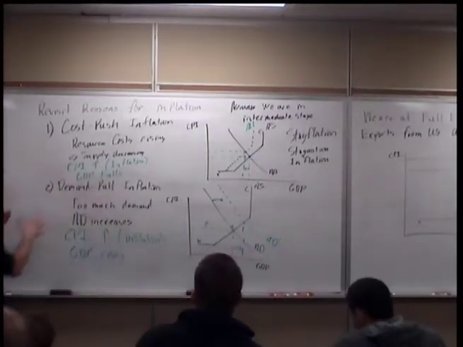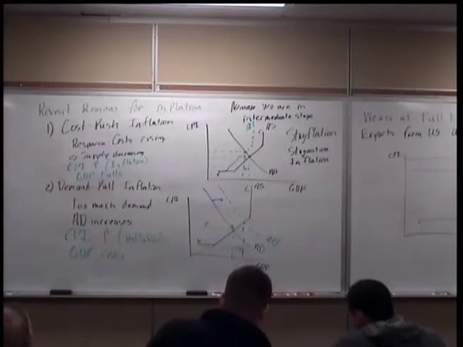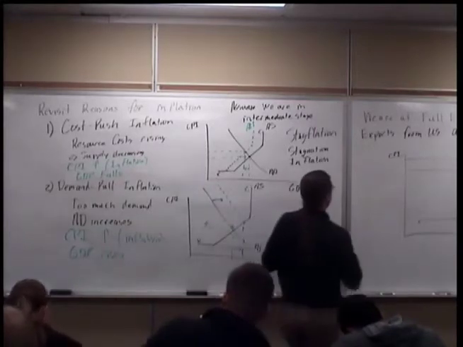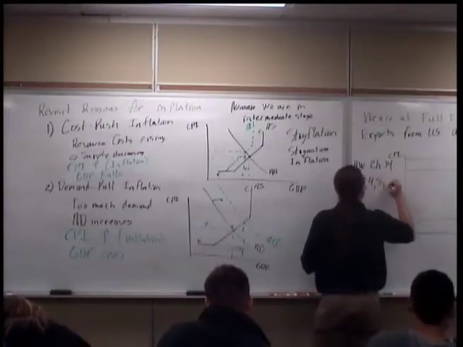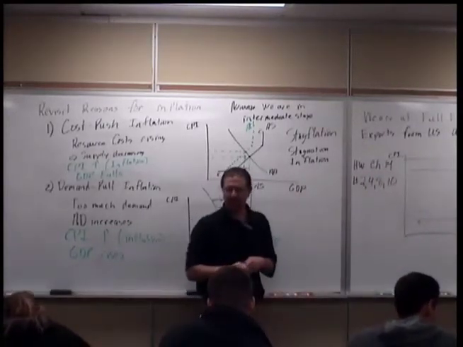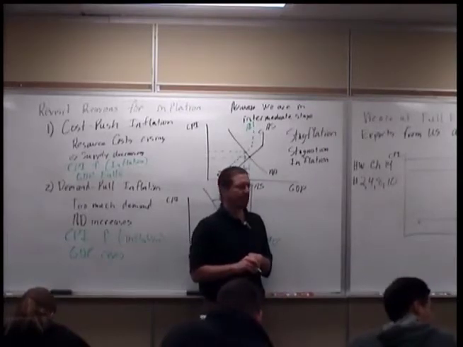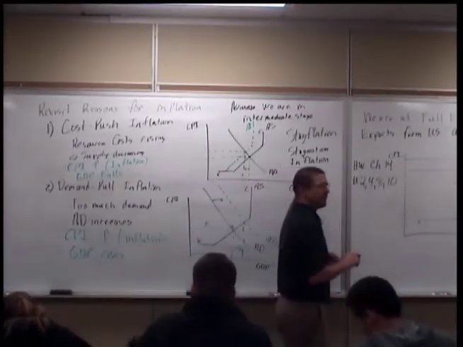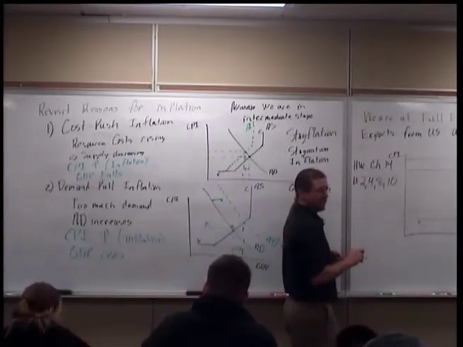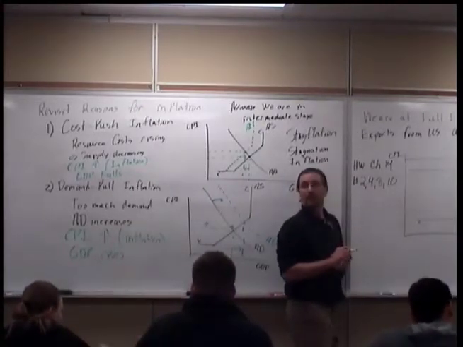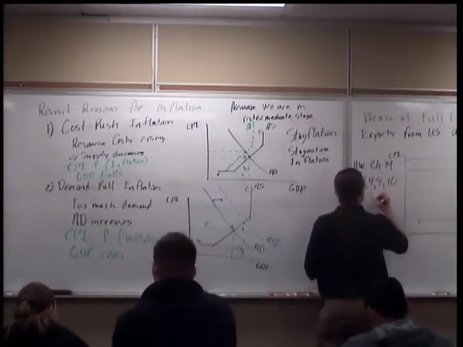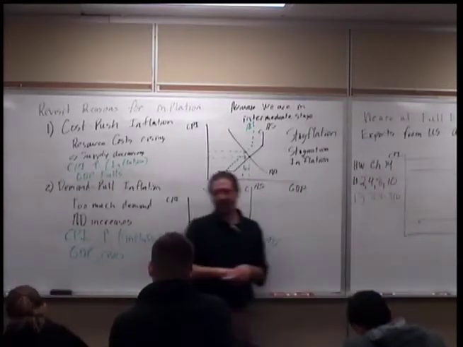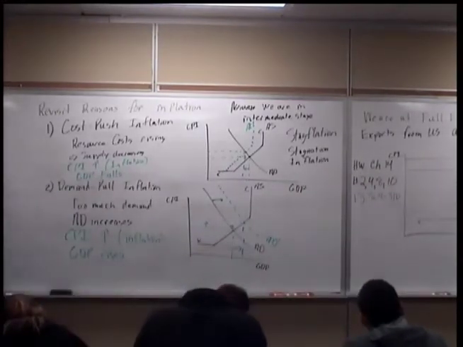All right, so this is Chapter 14. Questions? All righty, so the homework: two, 4, 8, and 10. Page 309 to 310, just so you know what page you're on.